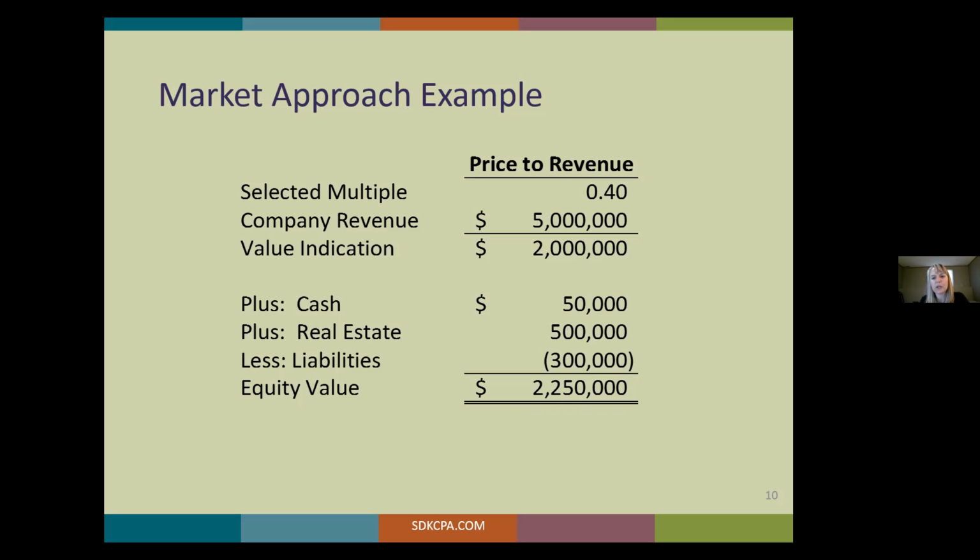And then if you are using as your guideline transactions asset sales of companies as opposed to stock sales, then you're also going to want to subtract any liabilities that your company has to come up with the value of your business.